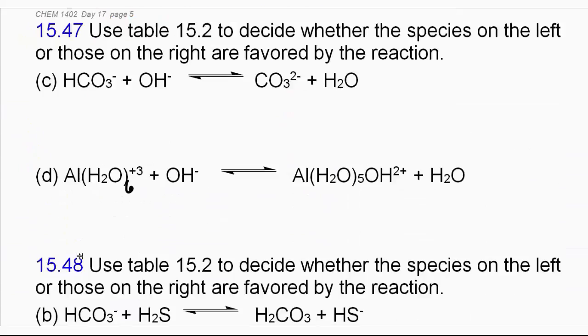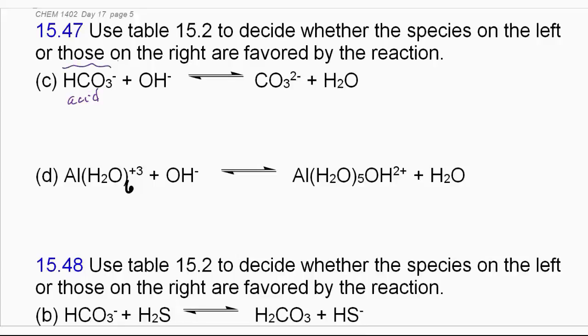Use the table to decide whether the species on the left or those on the right are favored by the reaction. Identify what's an acid and compare those two acids in the table and draw the arrow towards the weaker acid. Okay, hydroxide, that's a base. So that means this has to be an acid. The other side.